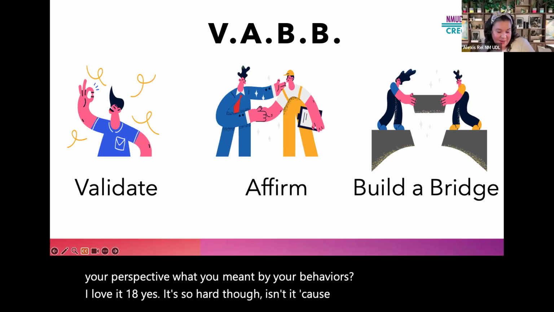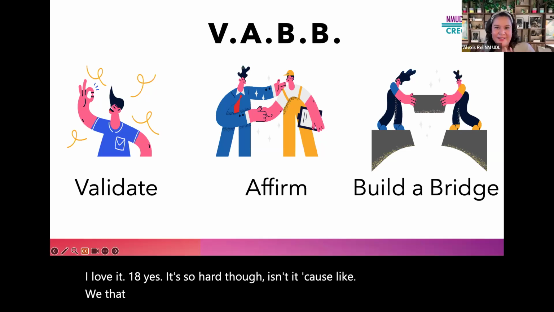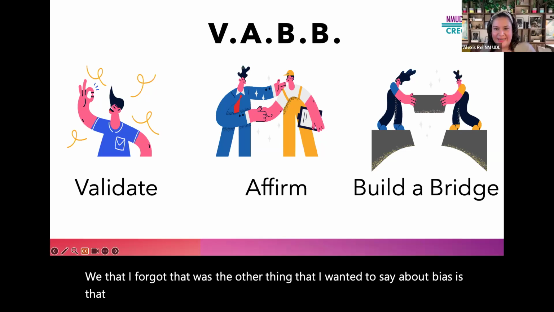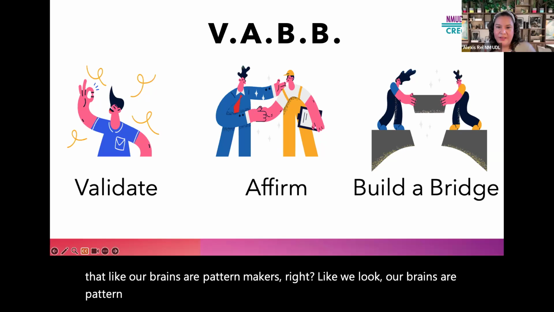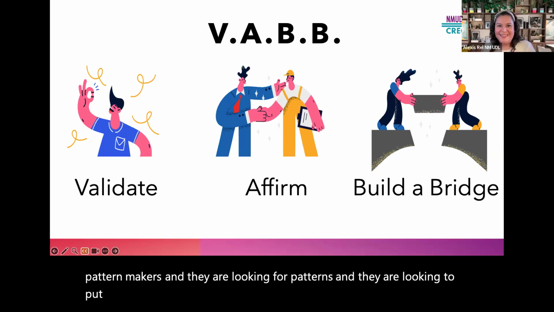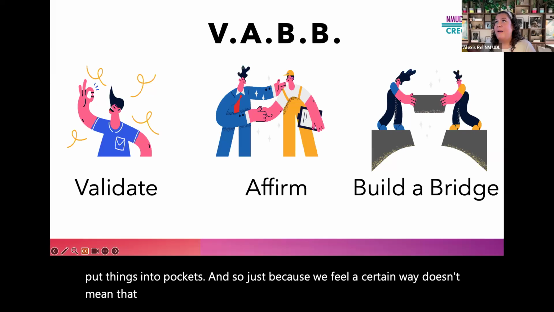Because I forgot that was the other thing that I wanted to say about bias: our brains are pattern makers, right? They are looking for patterns and they are looking to put things into pockets. Just because we feel a certain way doesn't mean that we're bad or that we're wrong.